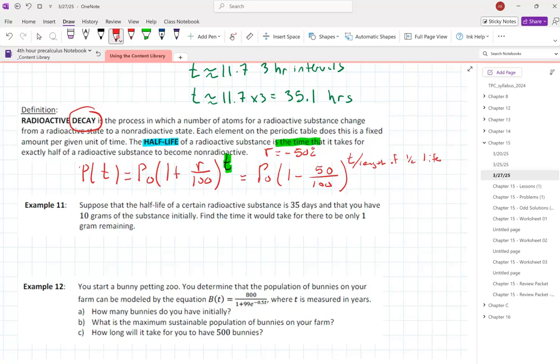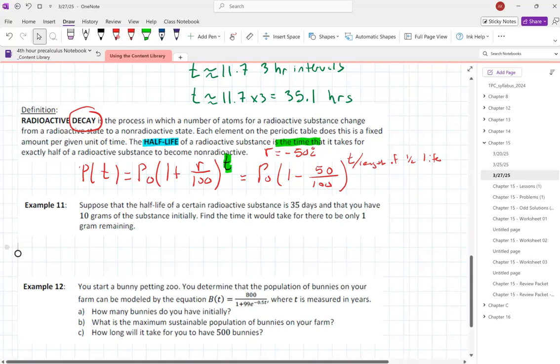So that's just going to be my general format for a half-life problem. Now, every model will be a little different because of the length of the half-life, but the setups are all going to be identical. They're still just one of these population models. It's just that the R is negative 50 every time.